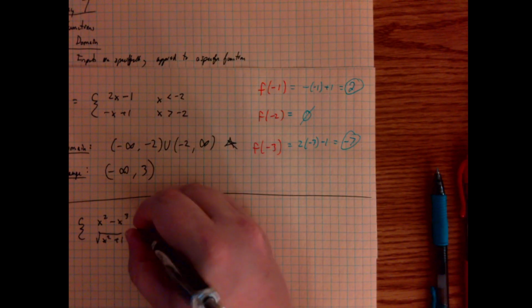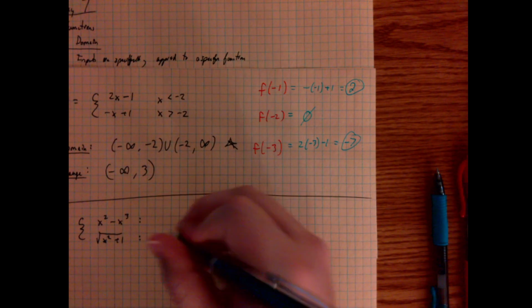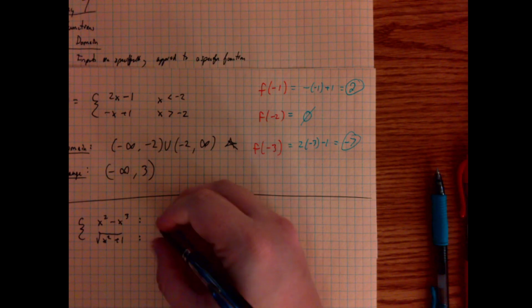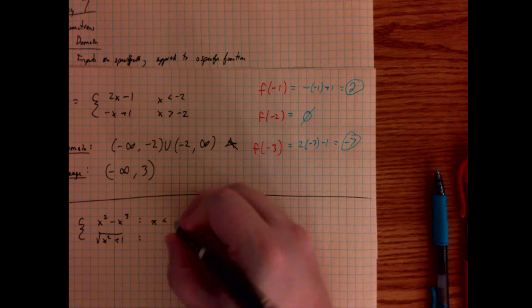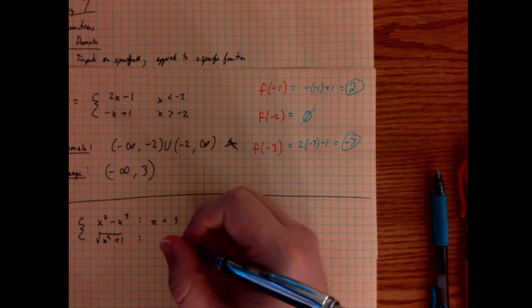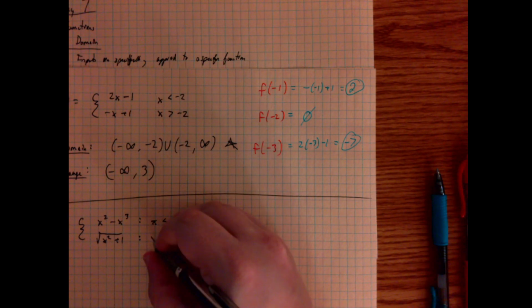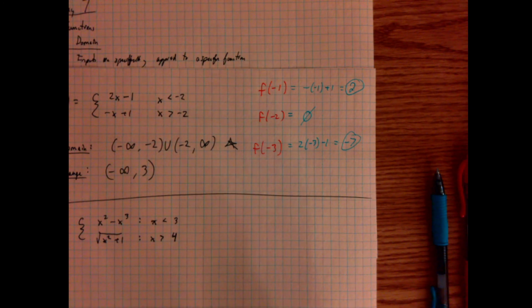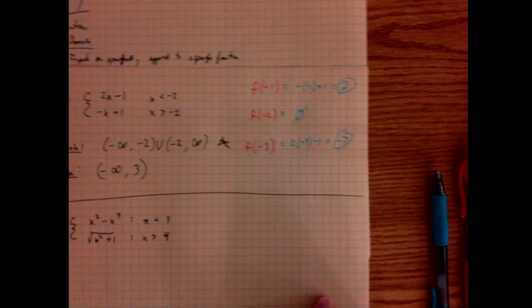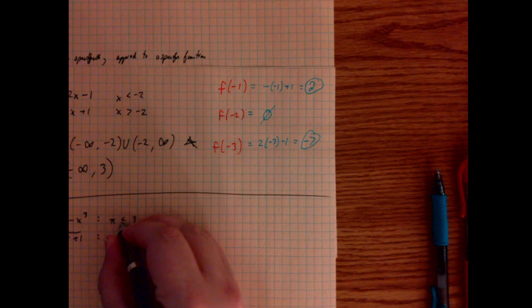And for these two, let's have this one start at x is less than 3. And for this one, x is greater than 4. Okay. And let's ask some questions, shall we? You know what? Less than or equal to 3.